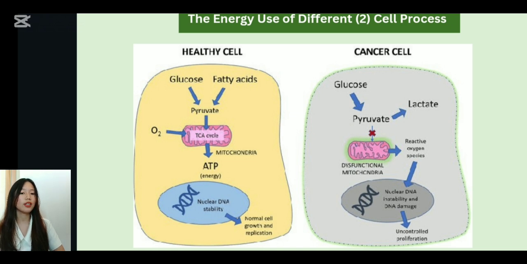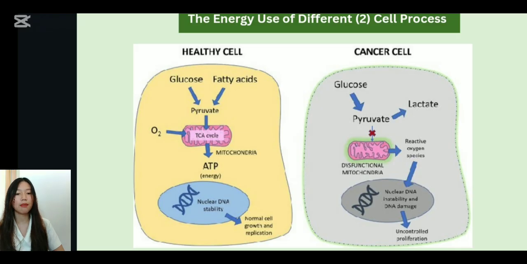So while in cancer cells, as you can see in the illustration, the situation changes. Cancer cells often rely more on aerobic glycolysis or the Warburg effect, even in the presence of oxygen. This is a less efficient way of producing energy, generating less ATP from glucose compared to oxidative phosphorylation. However, it allows cancer cells to produce energy more quickly and support their rapid growth and division.